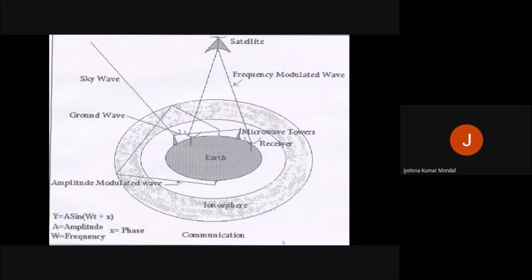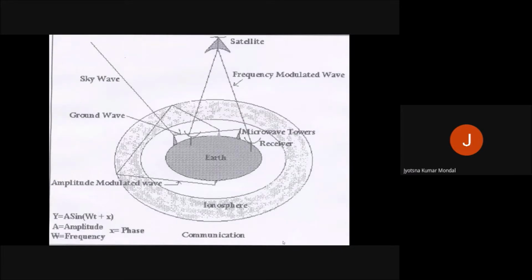You are tracing, tracking the roads, the speed, everything. So how is it controlled? Now, another type of satellite is there to control this, which is called the GPS satellite.